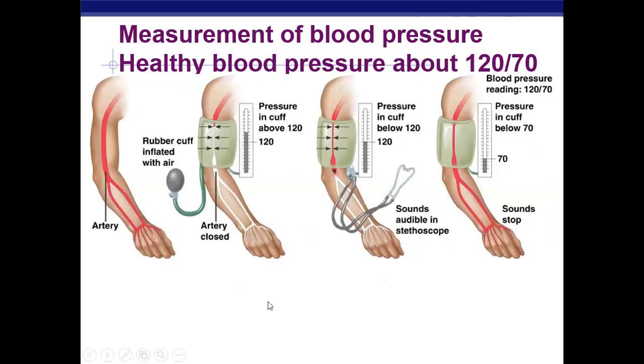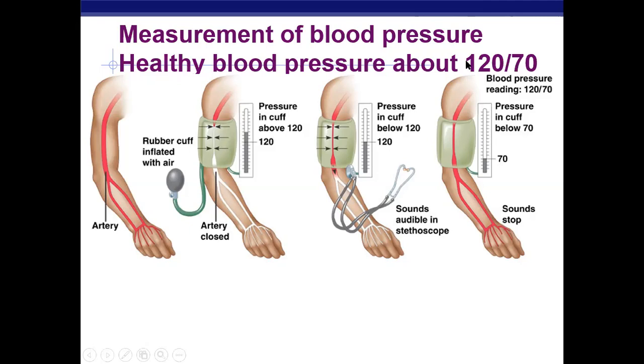The measurement of blood pressure. A healthy blood pressure is about 120 over 70. The 120 is the pressure, measured in millimeters of mercury, which you can see here on these blood pressure cuffs. That's the pressure in your systemic circuit, so that is blood coming from the heart.